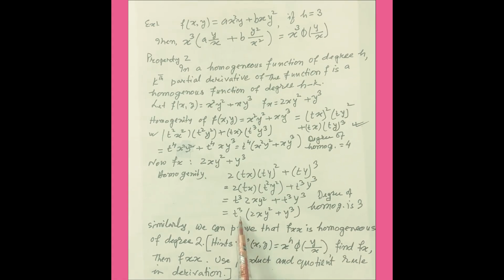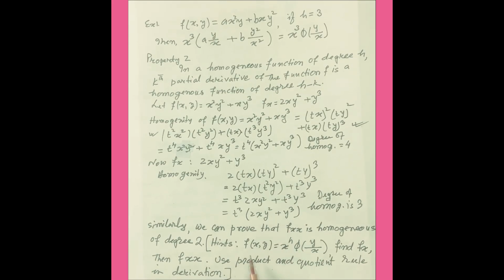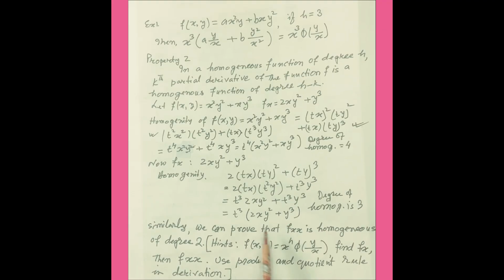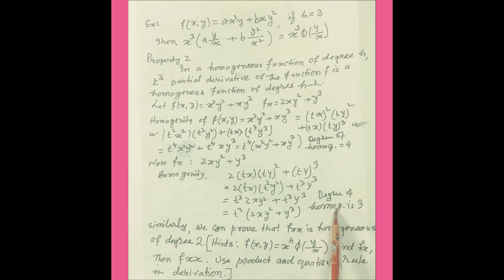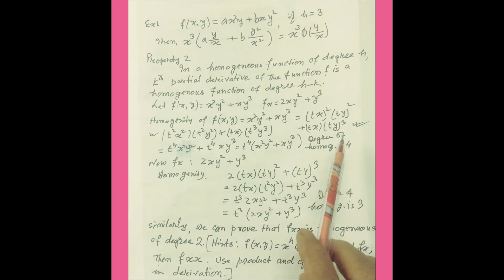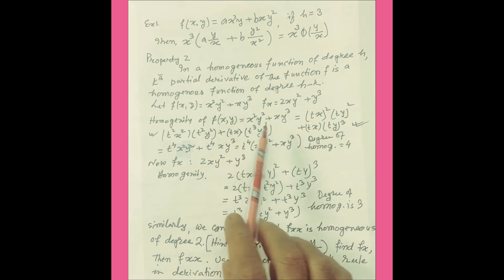So if we take t cube common, it is 2x y square plus y cube. So we are coming to the original function's first derivative. So that means degree of homogeneity is 3. So earlier we got degree of homogeneity 4 for the main function.